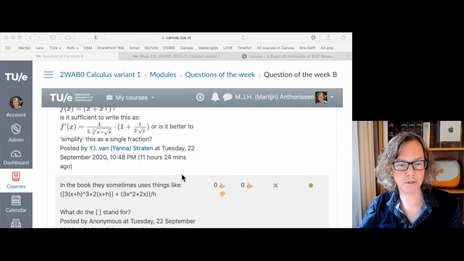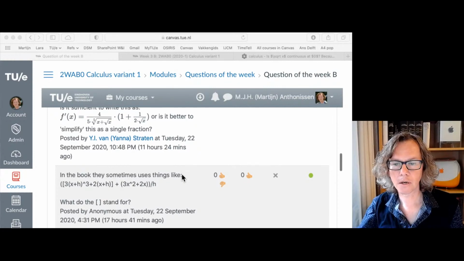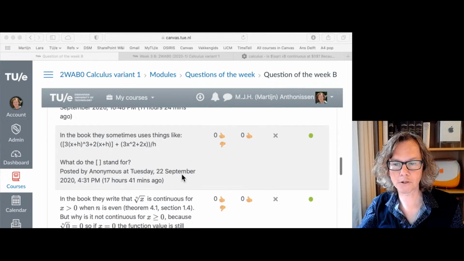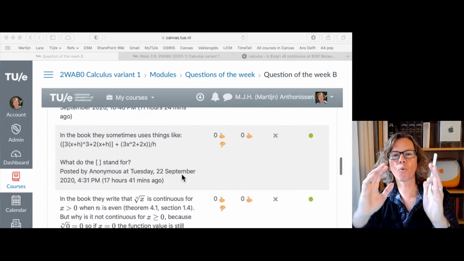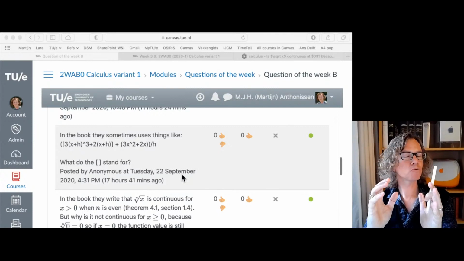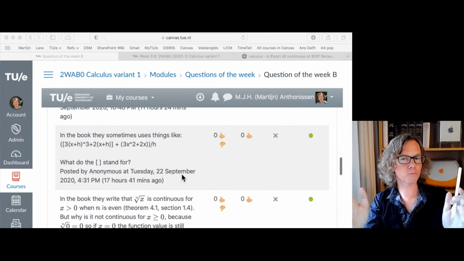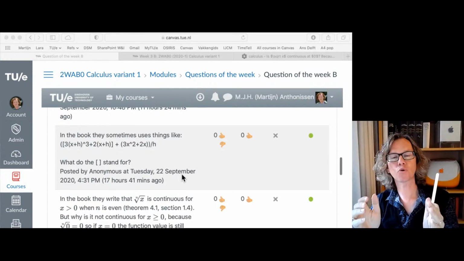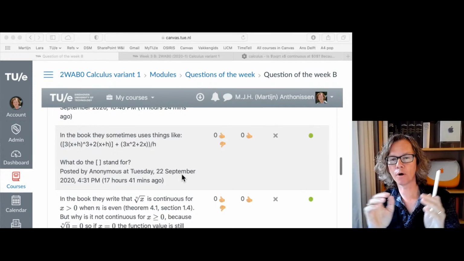So here it says, in the book they sometimes use things like square brackets. So square brackets can be used like normal round parentheses. Sometimes when you have a bit of a longer expression where you have many parentheses, it's helpful to have square brackets too, just to make clear where they start and end.